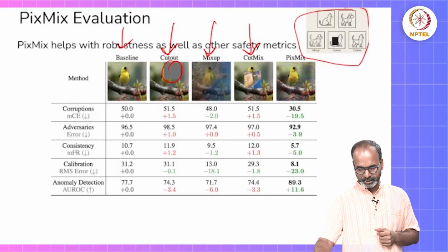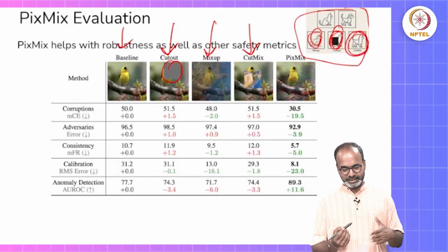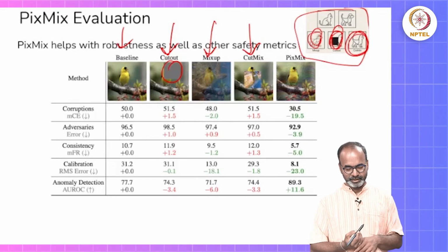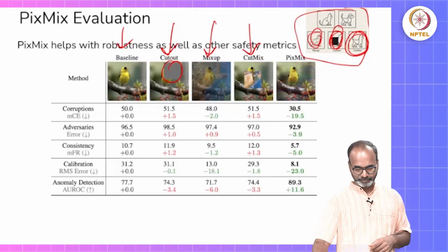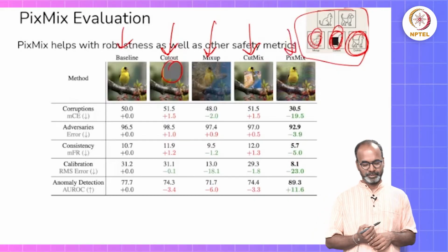Original image, Mixup, the dog and a cat getting mixed. Cutout, a part of an image is taken away. Cut mix, this is how it will be. Cut and mix, cutout and Mixup ideas put together would be cut mix. And this is the PixMix idea that we saw a couple of slides back.